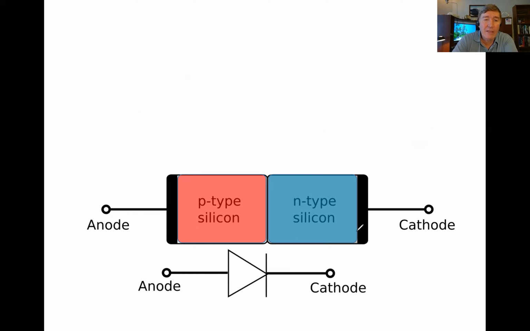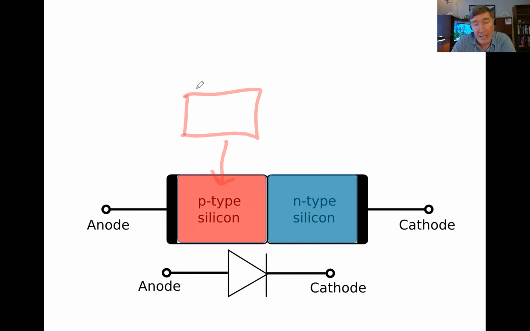So what we have inside of a diode is, on the left side here, what they call P-type silicon. What that means is it's silicon that has some contaminant purposely added in. The contaminants that are purposely added in have an extra positive charge.